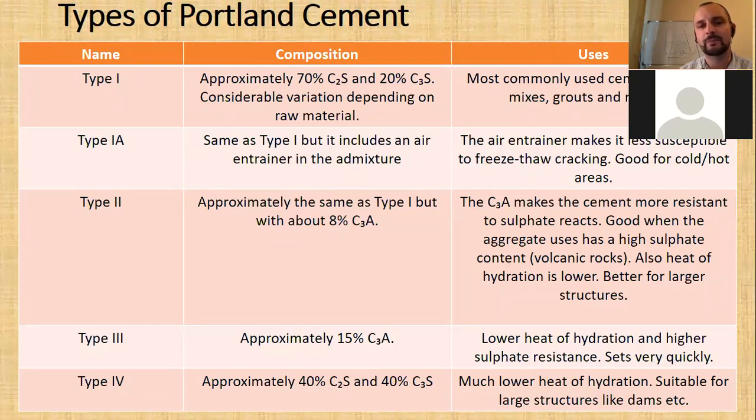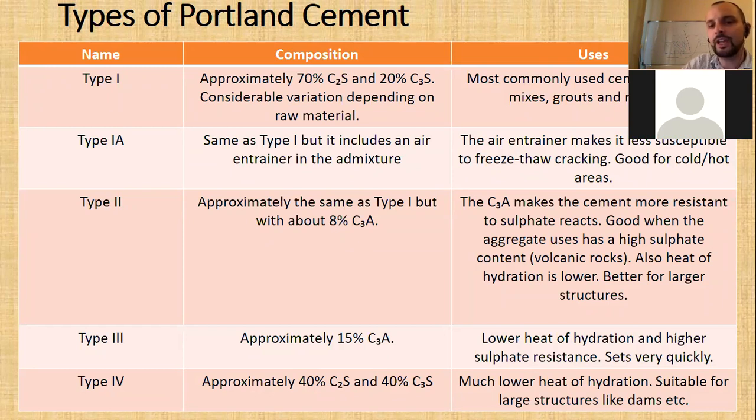Remember, Portland cement is made up of lots of different things, but the three main ingredients inside it are dicalcium silicate, tricalcium silicate, and tricalcium aluminate.